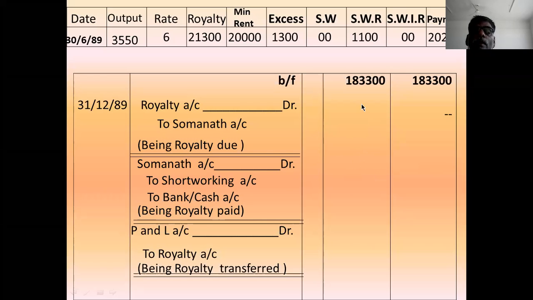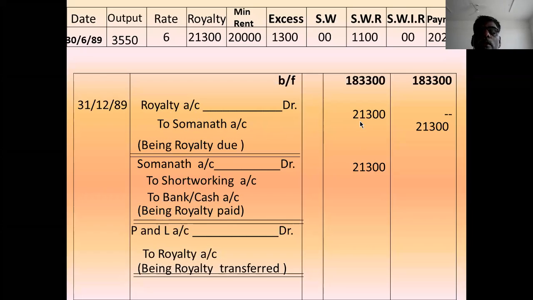Now fill the amount. Royalty account debtor 21,300 to Somnath account 21,300. You see here, royalty account debtor 21,300.